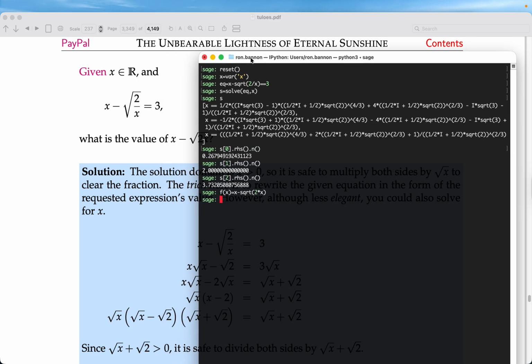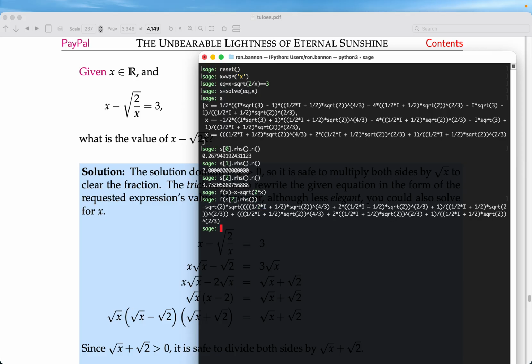So let's do f at s. Whoops, I'll do the third solution first, and just the right-hand side. I don't want the x in it. Oops, RHS, that's a function call. No, I don't think I want that.